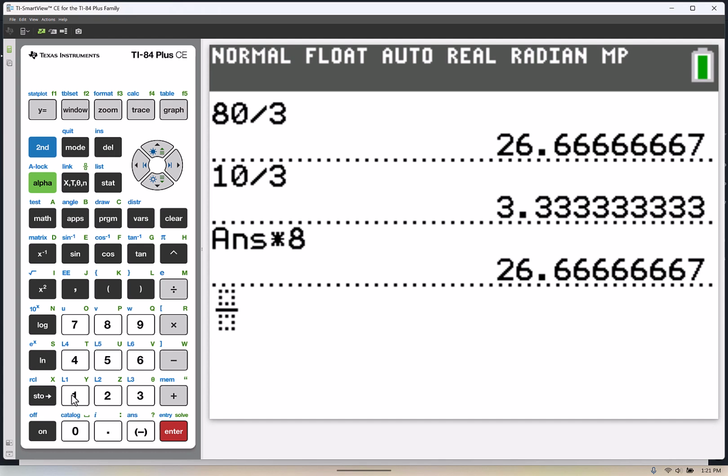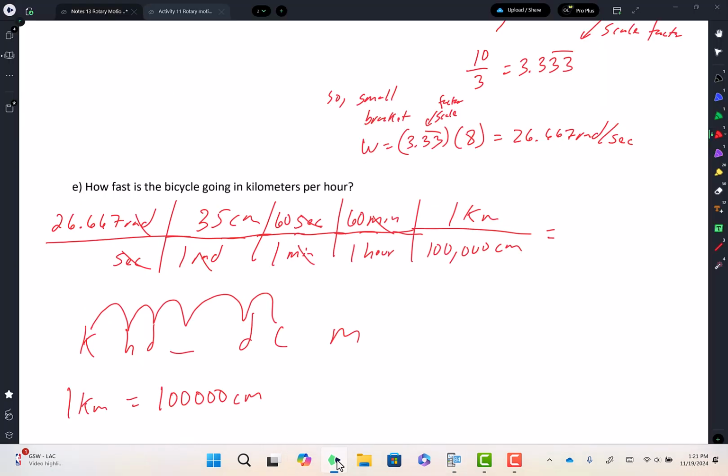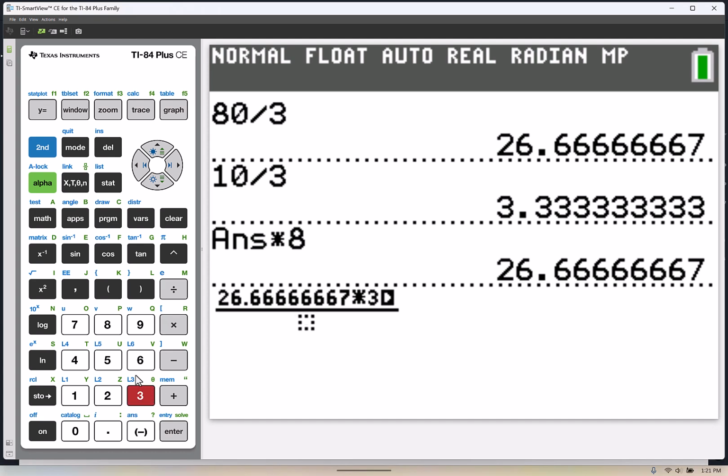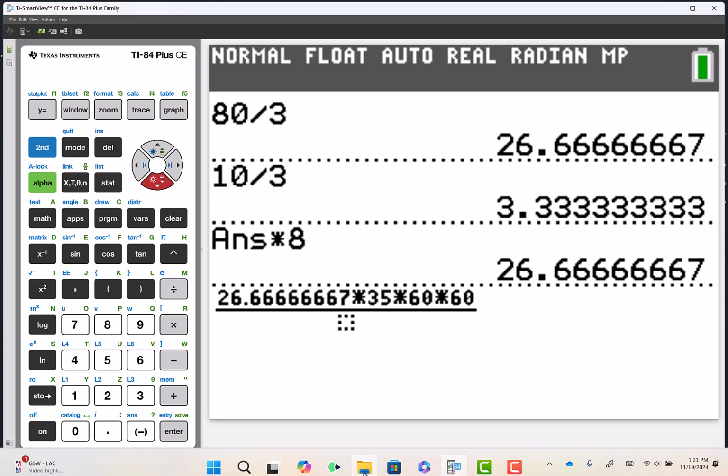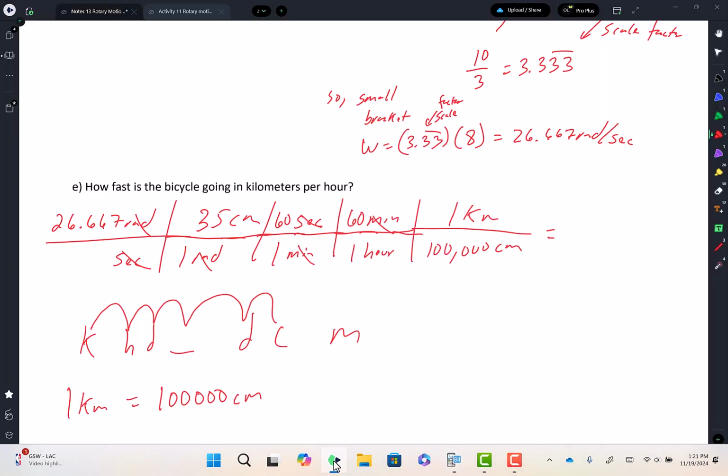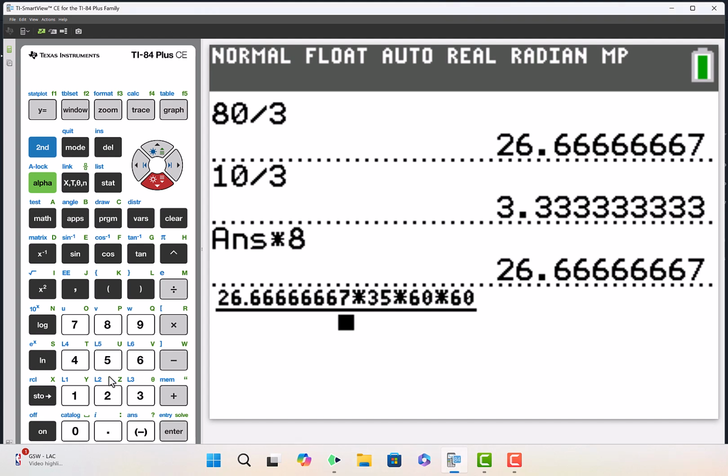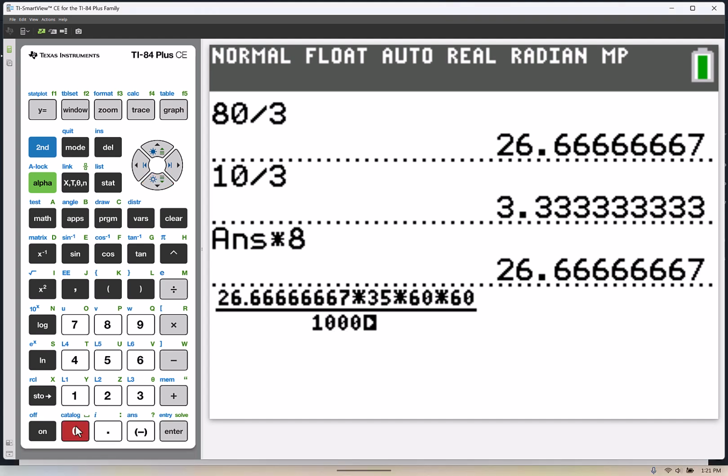And I'm going to go 26.667, enter, times 35 times 60 times 60. And on the bottom, I'm going to put 100,000. I'll lower it somewhere.